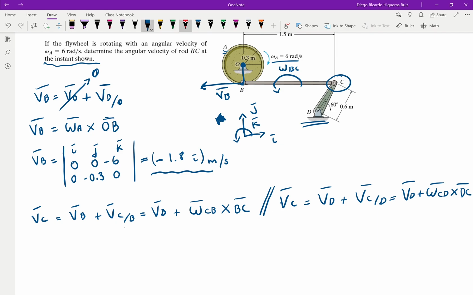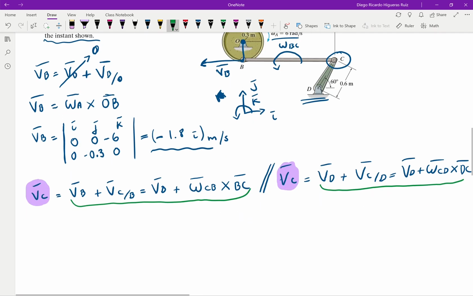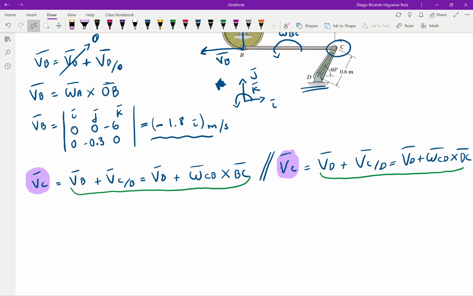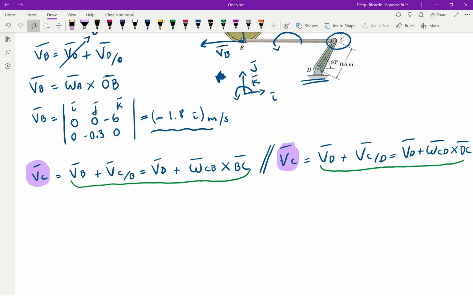And now what I'm going to do, I'm just going to make these two terms equal. So I will end up having two equations, two unknowns. Let's see. So we're going to have VB plus I, J, K, 0, 0, omega CB.